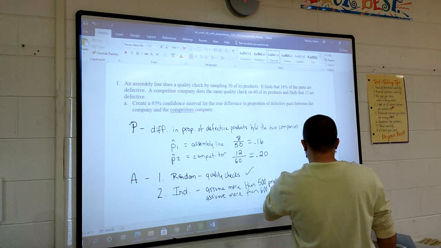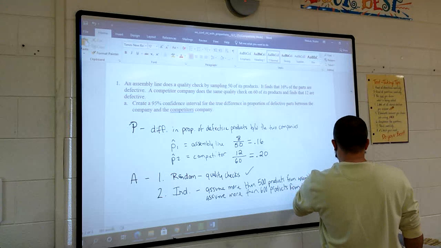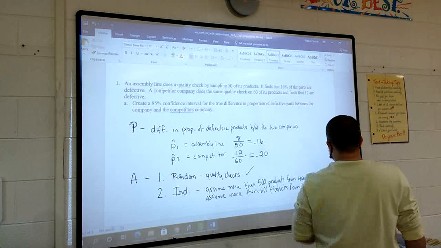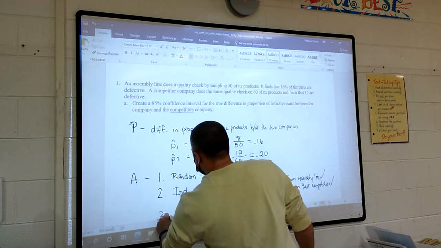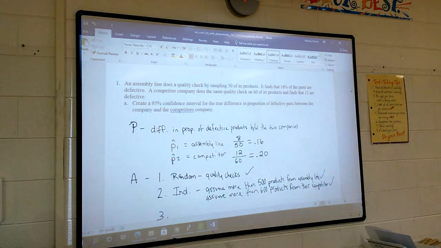Remember that it should be 10 times the size of the sample. So the 2 samples were 50 and 60. We don't know how big their population is, so we just assume that it's big enough, right? We assume that there's more than that many.